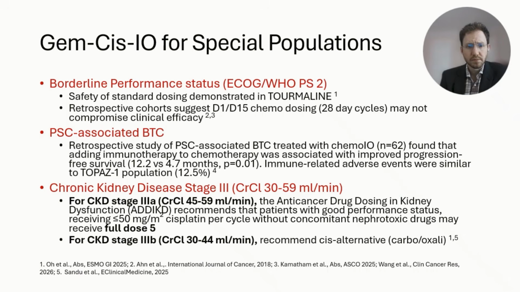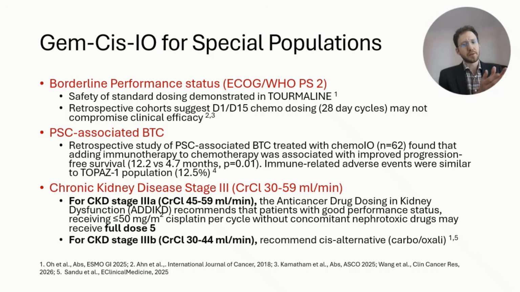So generally speaking, I'm offering GemCis with either durvalumab or pembrolizumab to all first-line advanced stage unresectable biliary tract cancer patients who I see, unless there's a clear contraindication to immunotherapy. Now, I think there are other considerations that need to be taken into account with these patients.